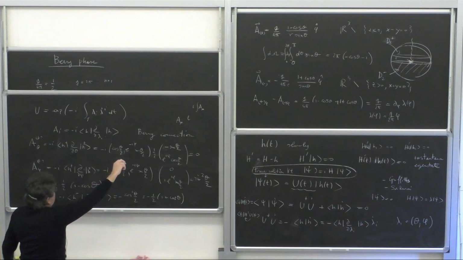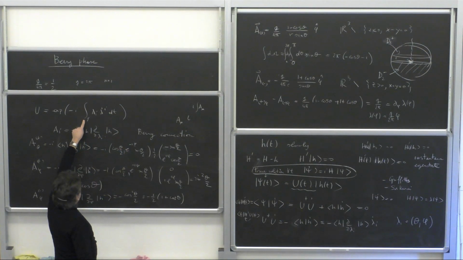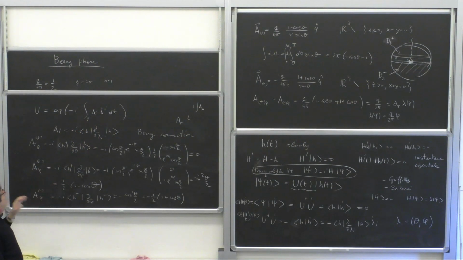So you vary the direction of the magnetic field, you make a tour, and then you return to the same state. This object is gauge invariant, so it's well defined, and the adiabatic change of a state has obtained a well-defined phase, free of arbitrariness.